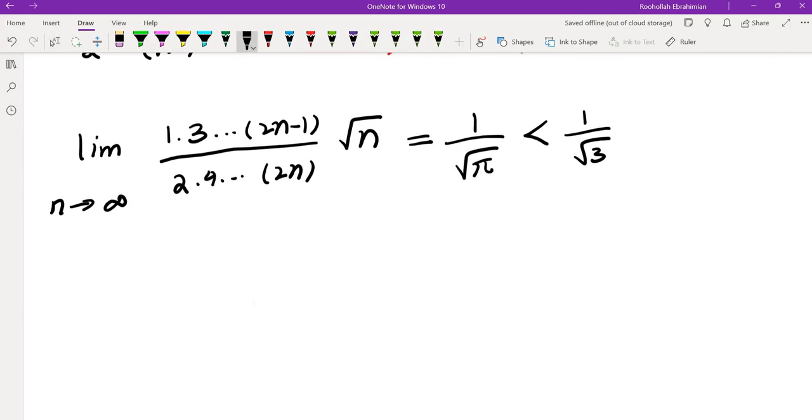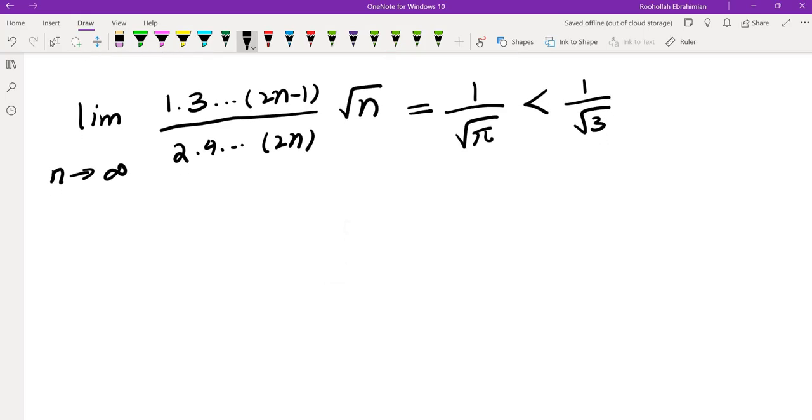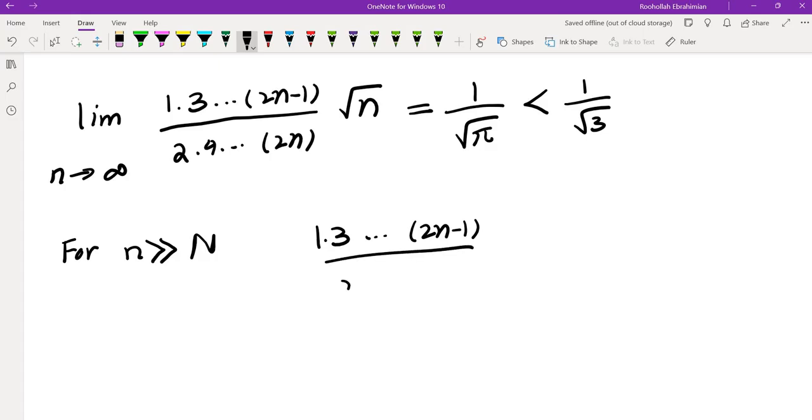So if the limit is 1 over root pi, it means for n larger than some value, this quantity, 1, 3, 2n minus 1 over 2, 4, 2n times root n, is going to be less than 1 over root 3.